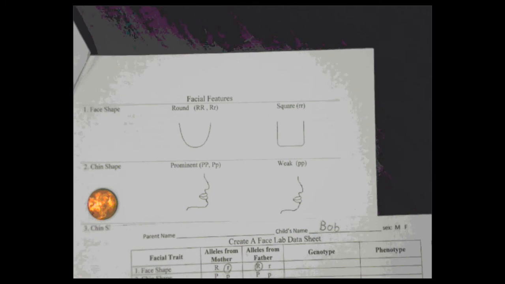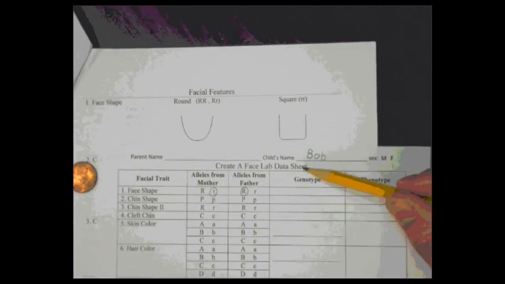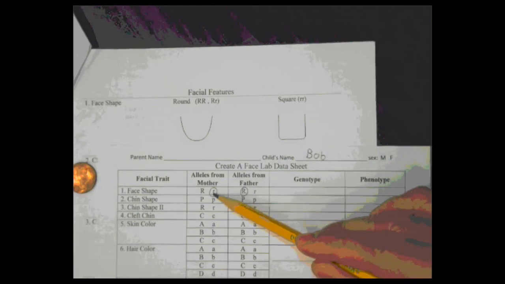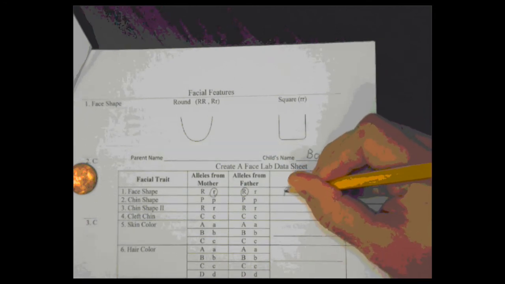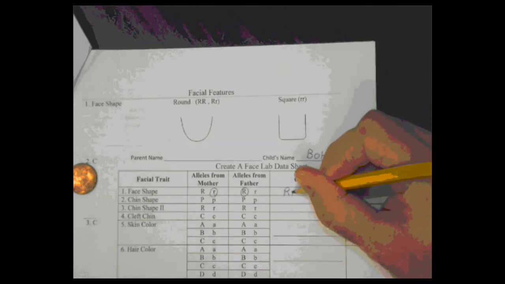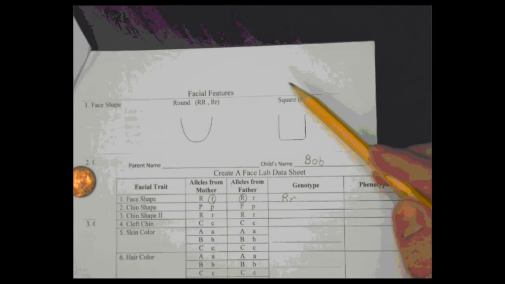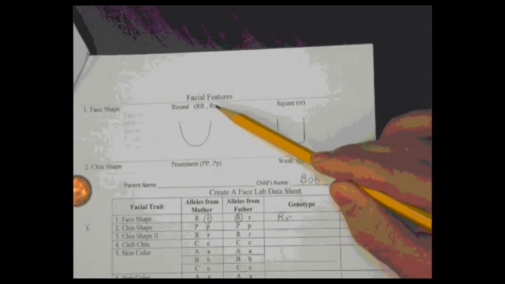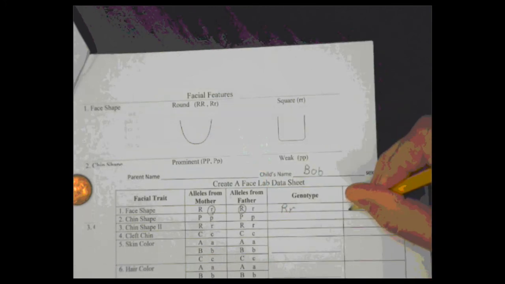Now we have one allele from the mother, one allele from the father. We can write that in our genotype. We always start with the capital letter. Doesn't matter who has it. So it starts with capital R and then lowercase r. Now, how do we determine our phenotype? Well, let's look. We see that there's capital R, lowercase r by the dominant trait, the rounded chin.